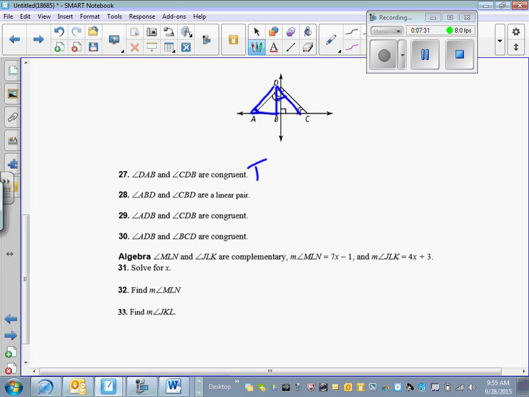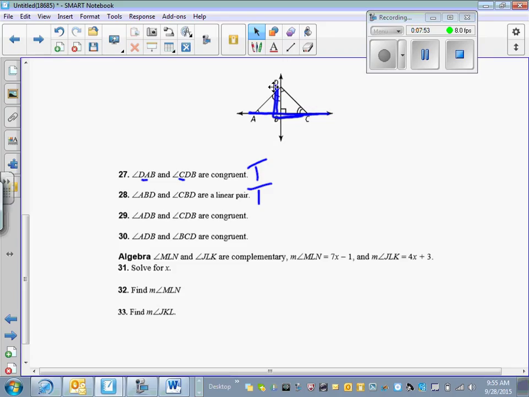They are congruent. B is always the middle one that you have to look at. The next one is ABD, which is this angle here. And they say CBD are a linear pair. Yes, they are a straight line. So this is also going to be true. And that's what you have to do. Just mark it and see it.